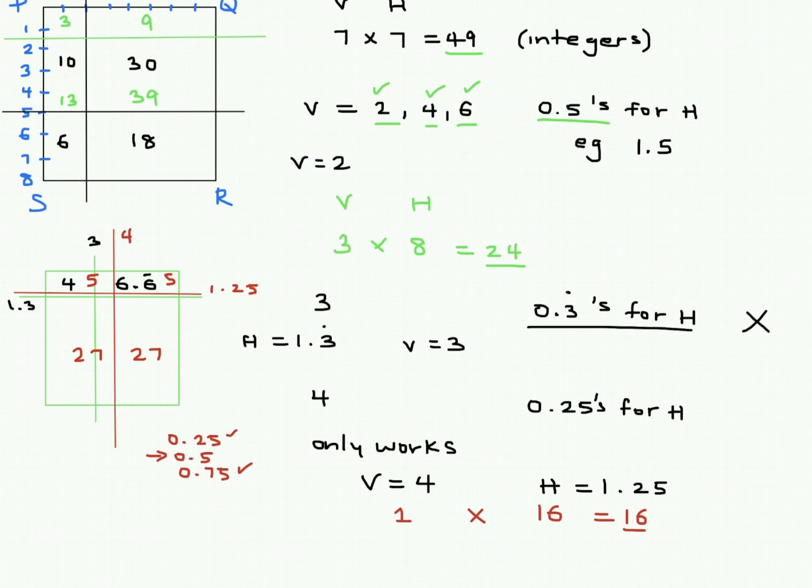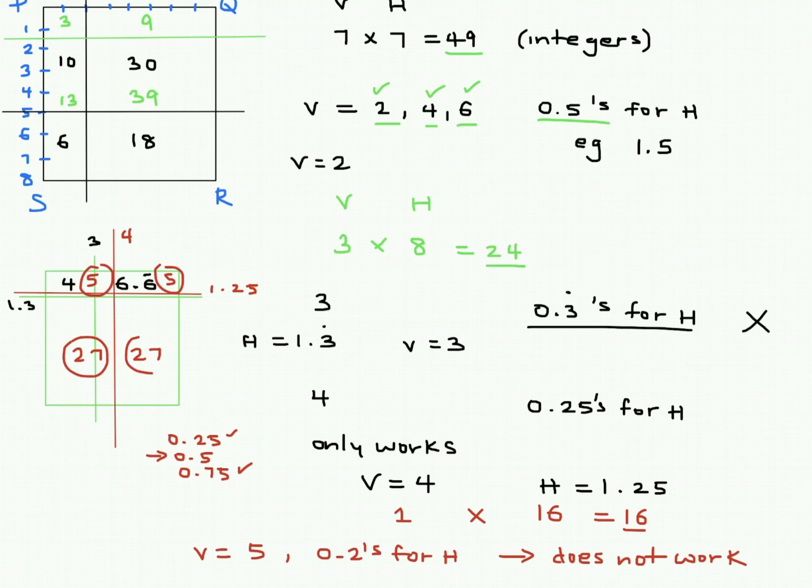But for the sake of time, I will just write these out. If you try the next one, right, which is 5, where we had done v equals 3 and then 4, if you do 5, then we have to use 0.2s, correct, for the h, if v equals 5. And I will let you figure out why, but there's no solutions here. It does not work. Meaning you won't be able to get a scenario where all 4 are integers.